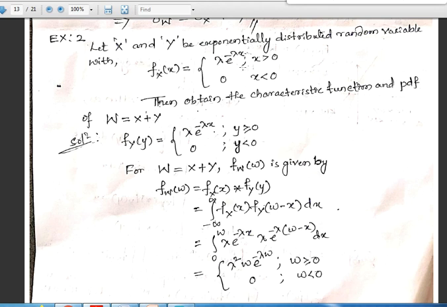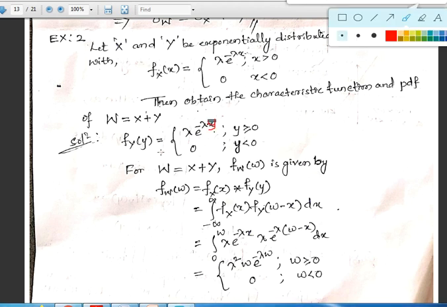So f_Y of y has to be lambda e to the power minus lambda y, wherein y is greater than 0, and it is 0 for y less than 0.